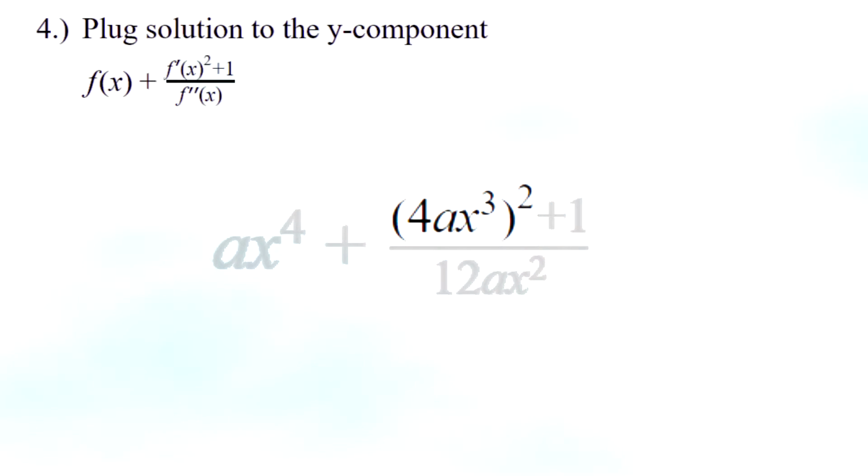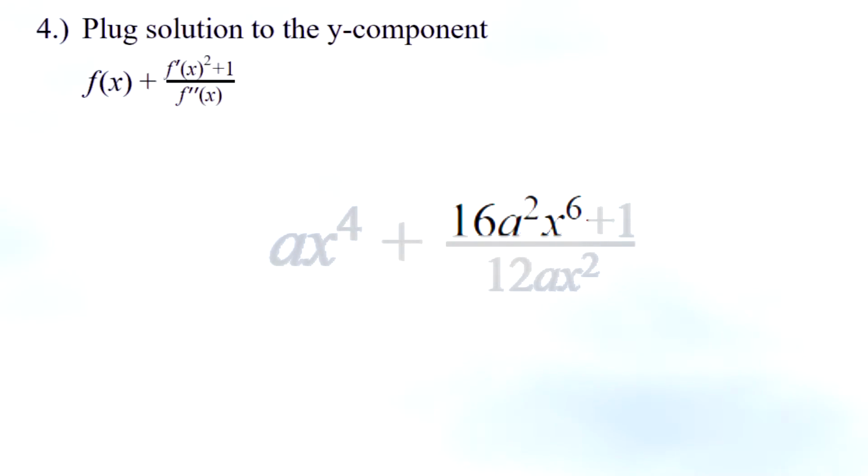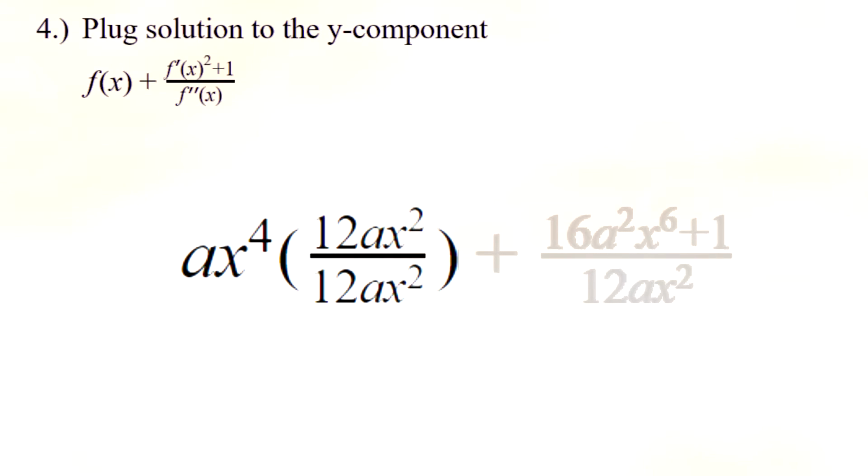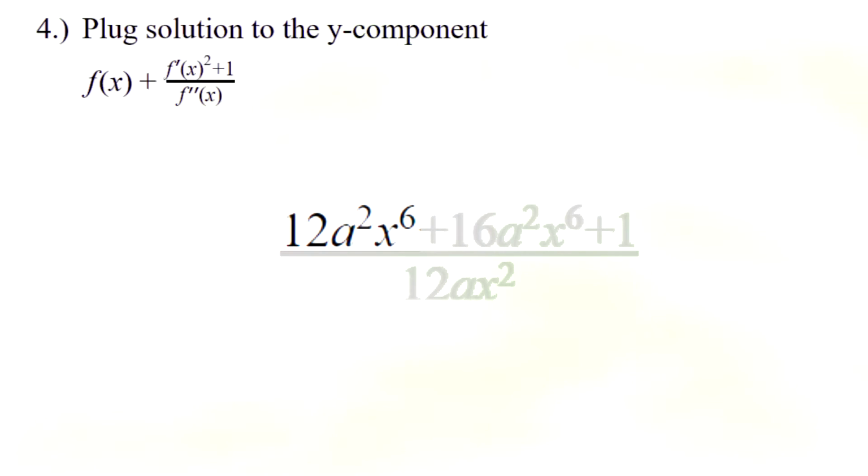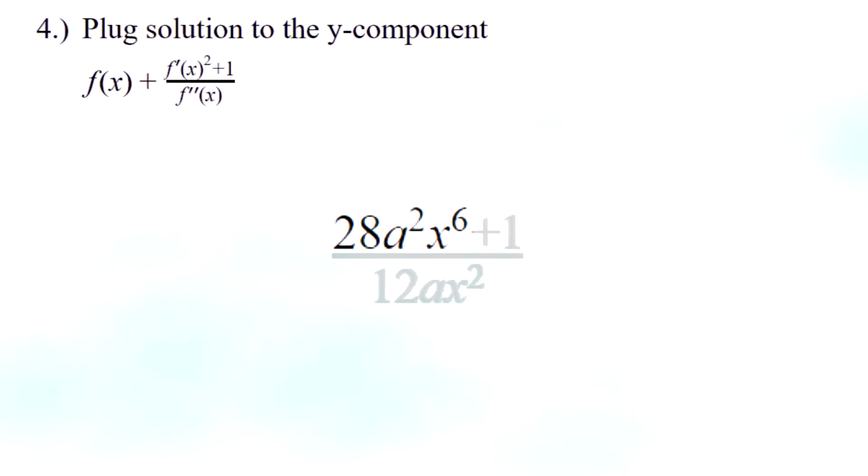Doing the squared parenthesis, it becomes 16a squared x sixth. We have an x sixth, but we can simplify it further. So we multiply the ax fourth by 12ax squared over 12ax squared, so it joins the fraction, where it becomes 12a squared x sixth in the numerator. Adding this term to 16a squared x sixth, they sum up to 28a squared x sixth.